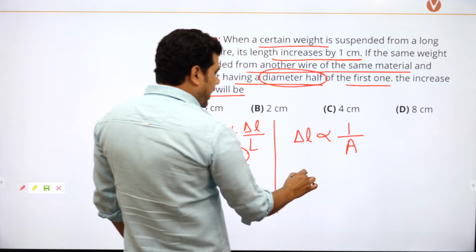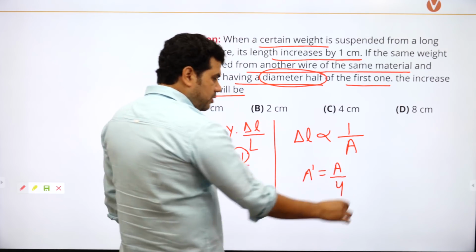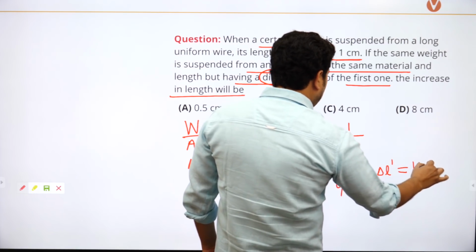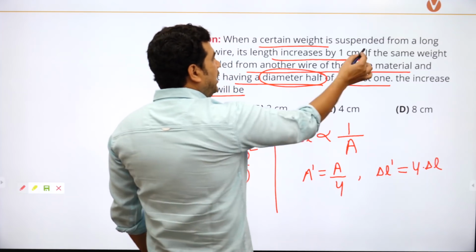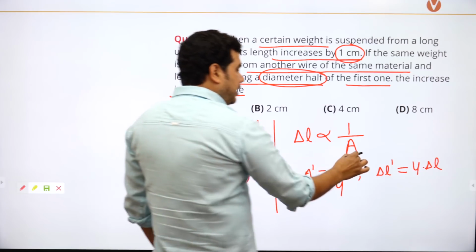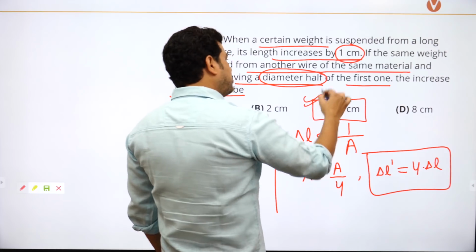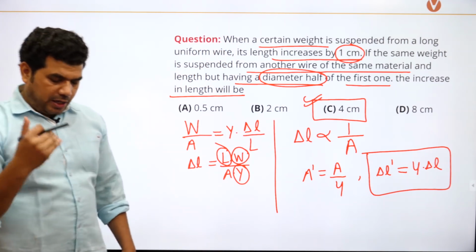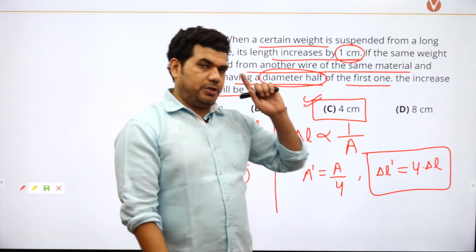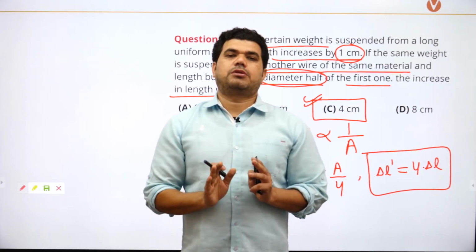So A dash is equal to A by 4, and delta L dash becomes 4 times delta L. Delta L in the previous case is 1 centimeter, so for the other case it is 4 times of this, and this is your answer: 4 times 1 centimeter. Then the net increase in the second wire is 4 centimeter. Got it? Yes. Another very easy question, right?